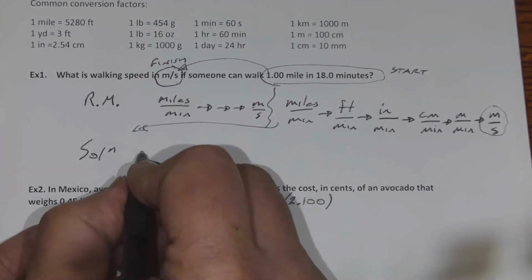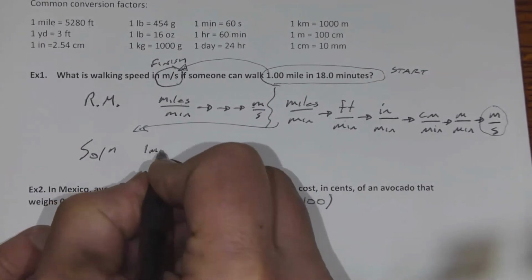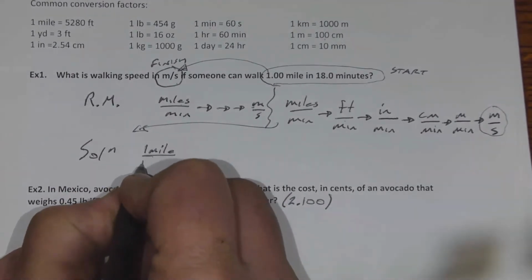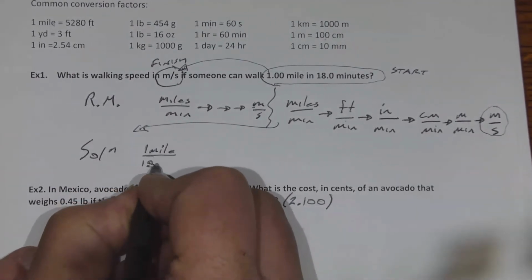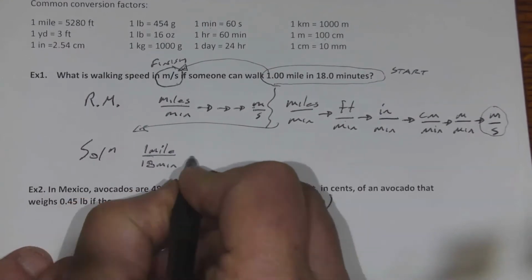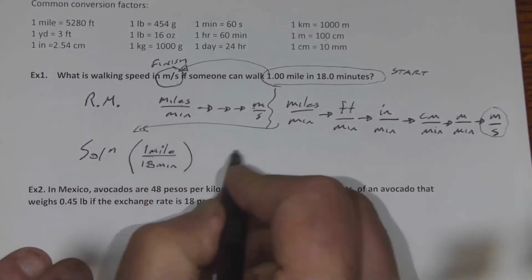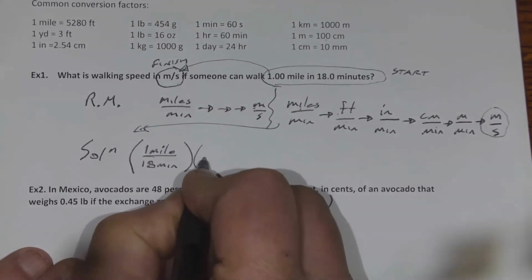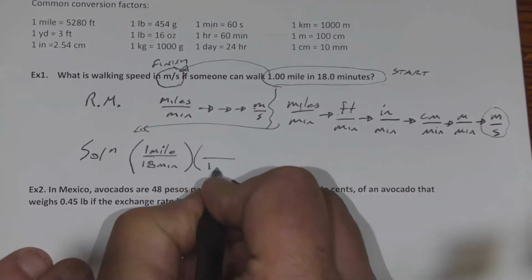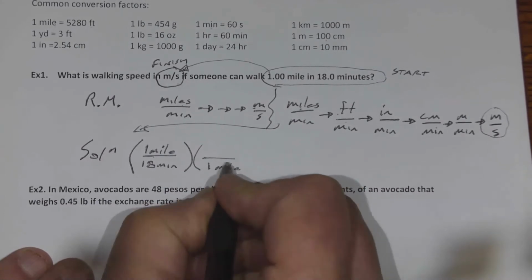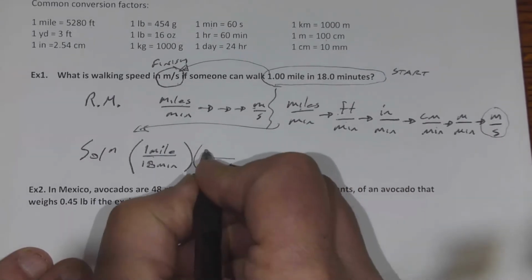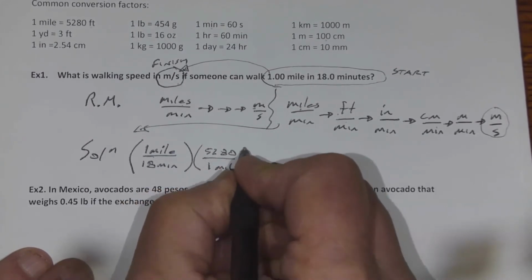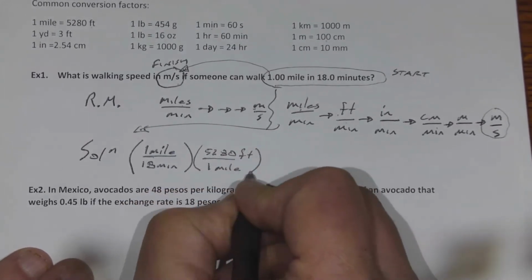It's totally okay. So I have 1 mile per 18 minutes. To convert miles to feet, I'm going to put the mile in the denominator, the 5,280 feet in the numerator.